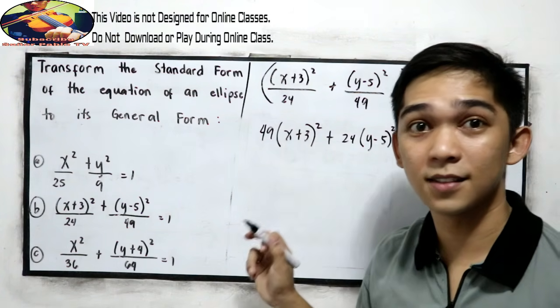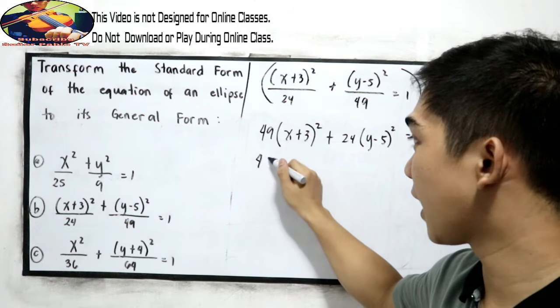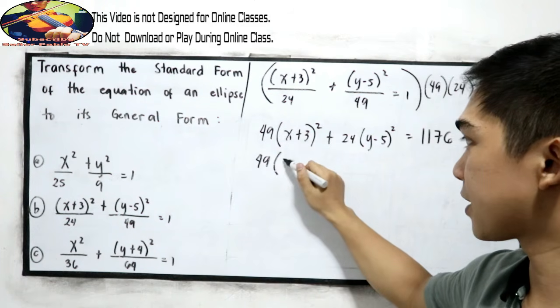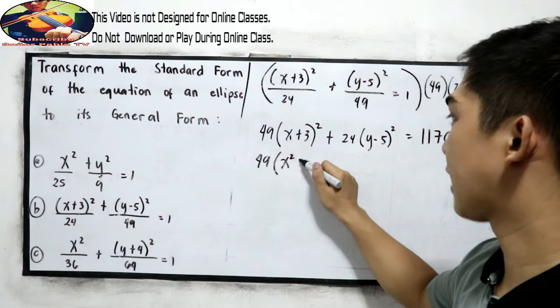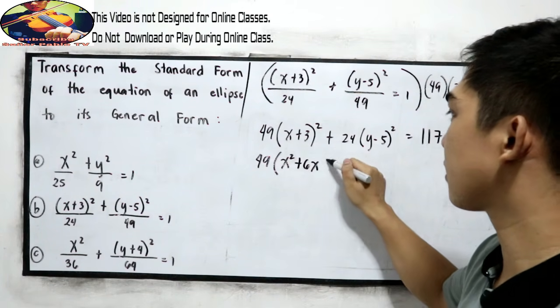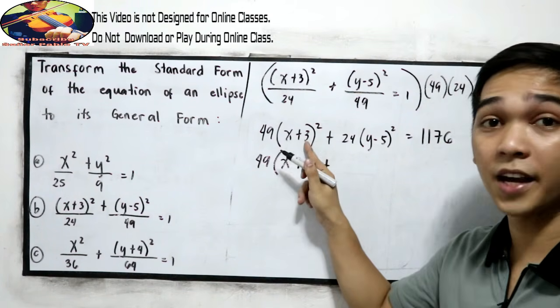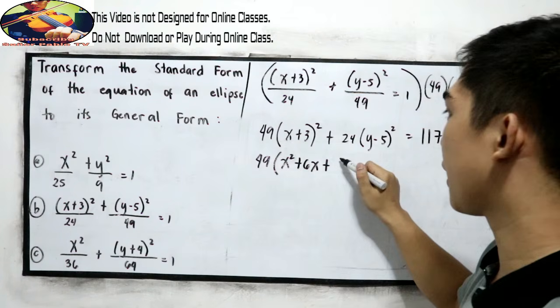Now, square of a binomial first. So let us expand. So we have 49 times: square the first term, that is x squared. Multiply the first and the second, times 2, so that is 6x, plus square the second term, 3 squared, that is 9.